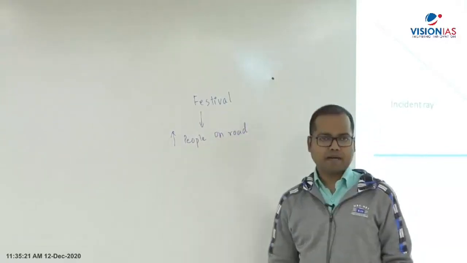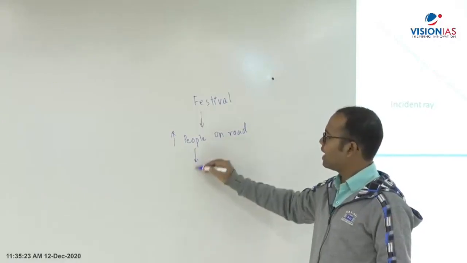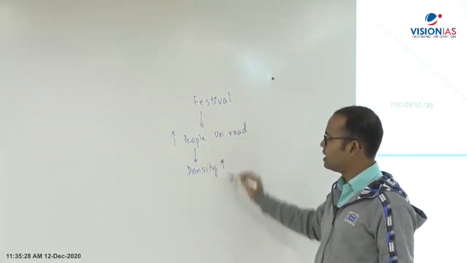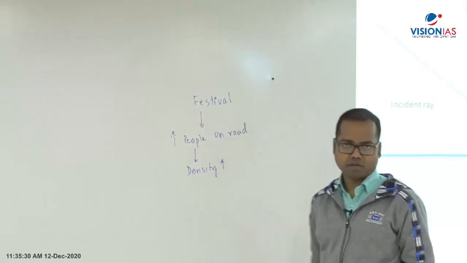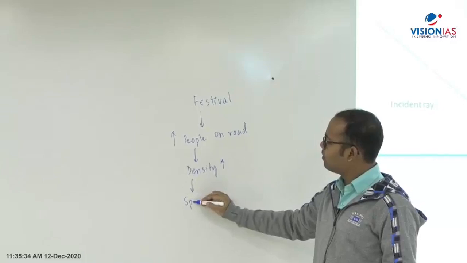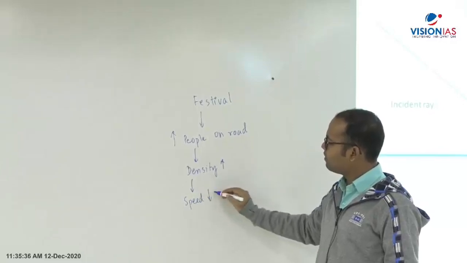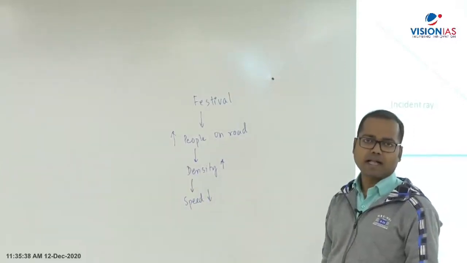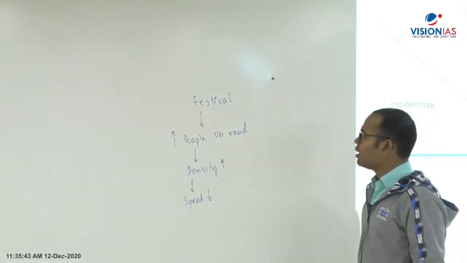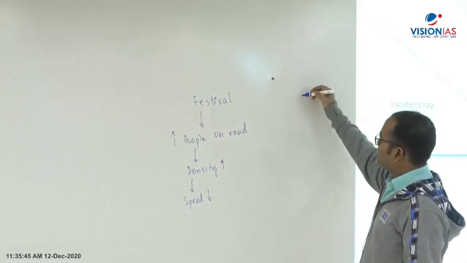So if more people are on the road, you can say that the density of people on the road is more. Means high population density is on the road. And if density is more, I hope the speed of your bike will be less. Else you will hit someone and you will be hit by the public.